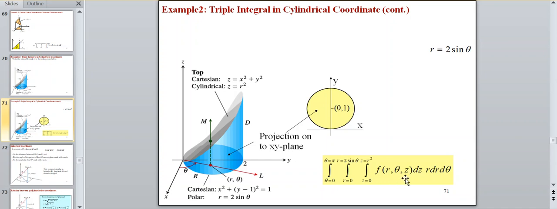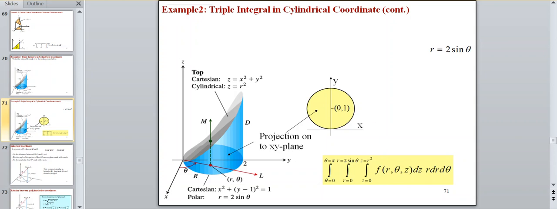So now the integral is set up correctly. We can go ahead to calculate if we have the formula of f. But as I said again, the main point of this example is to set up the integral correctly. Next, I'm going to give you another example where we are going to solve the integral.